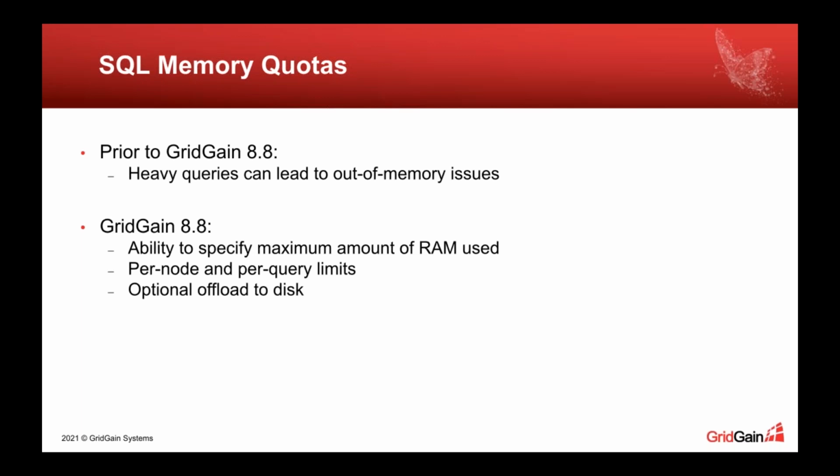The query might become slower because it has to use the disk to store this temporary result set for the duration of this particular query execution. But it still will work, and you will not be running out of memory, and you will get correct results. So the choice is yours. You can either just terminate the query and get an exception, or you can offload those temporary results to disk for further processing.